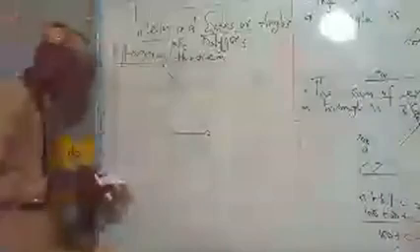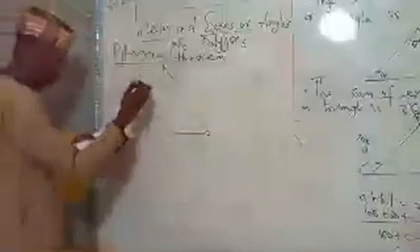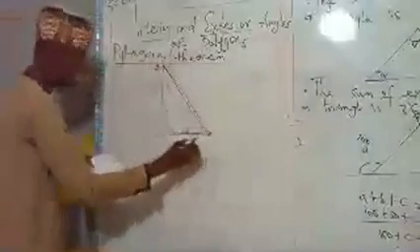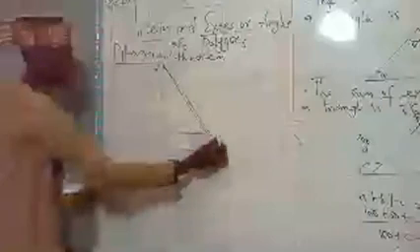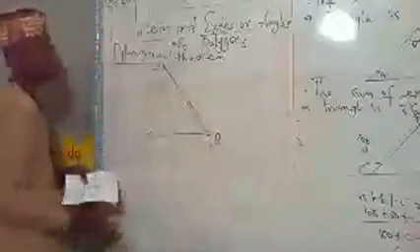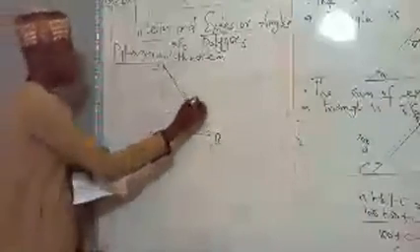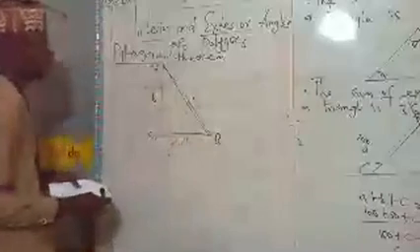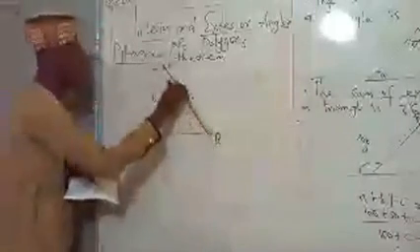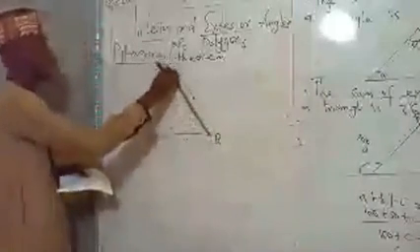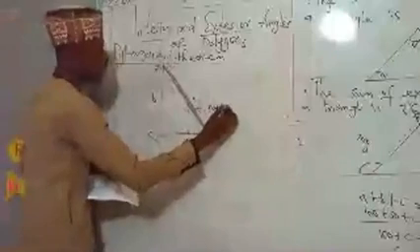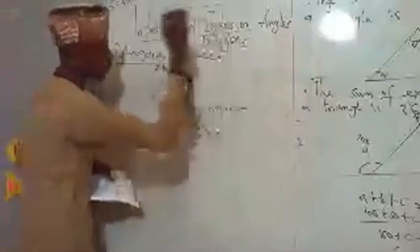This Pythagoras theorem, I just want to tell you how to get the length of any side of a triangle. When this is A and B and C, let's call this small b and this will be A. This side is the longest part of a right angle triangle, and it is called the hypotenuse.